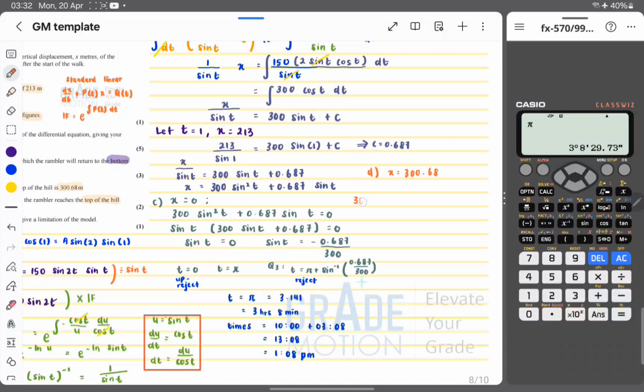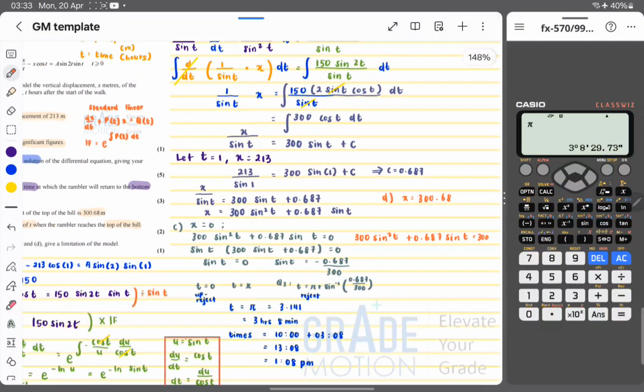So our equation would be 300 sine squared t plus 0.687 sine t equal to 300.68. Let's bring everything to one side. So we'll get 300 sine squared t plus 0.687 sine t minus 300.68 equal to 0.